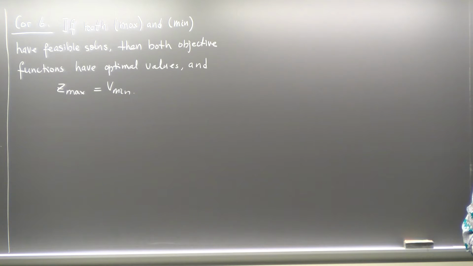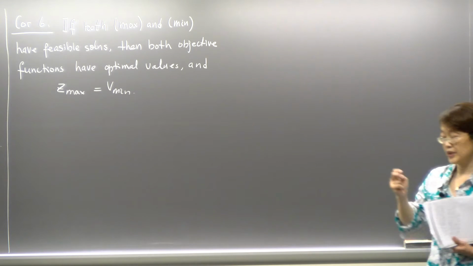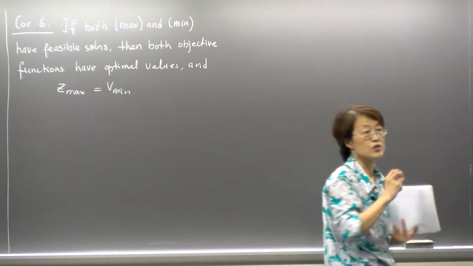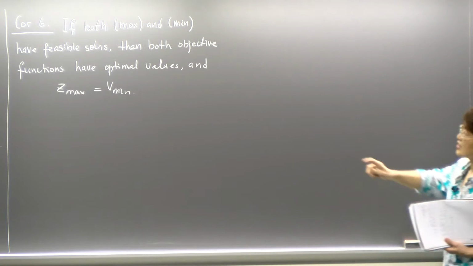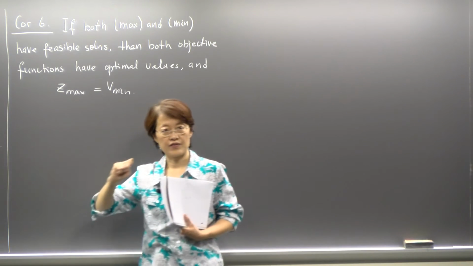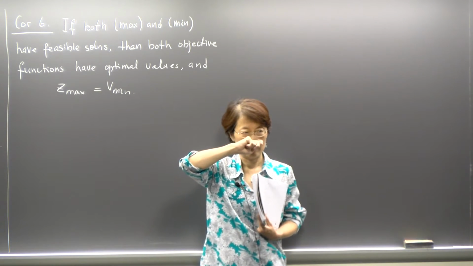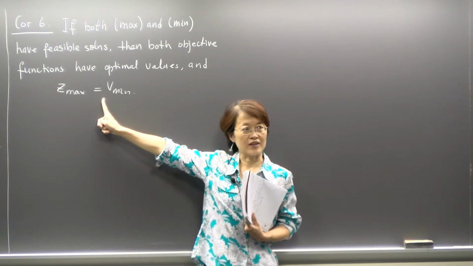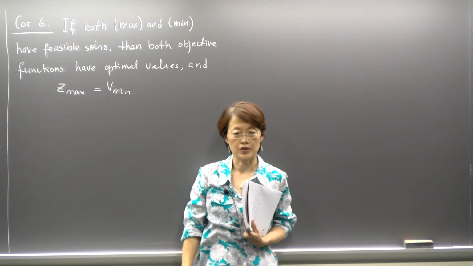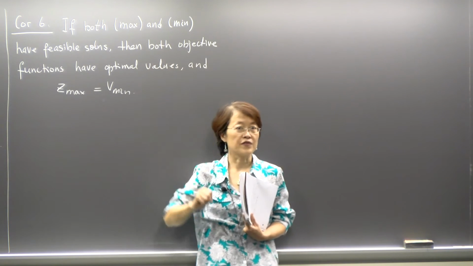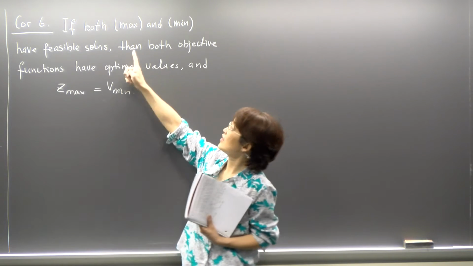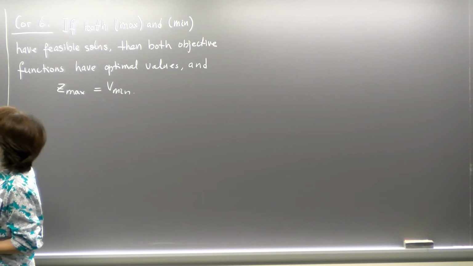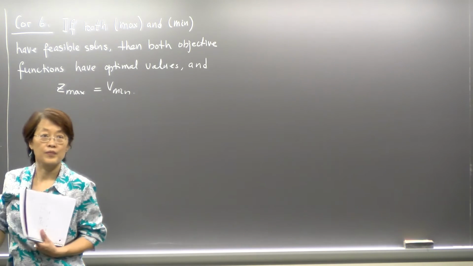Is it clear? Do we see the difference between this corollary and theorem 5, or any of the things we stated before? So how is this different from theorem 5, for example? The conclusion is the same, right? We conclude that Z max equals V min, and they both have optimal solution. It's the assumption that is different, isn't it? Here we just assume that you have a feasible solution to the constraints for both, right?